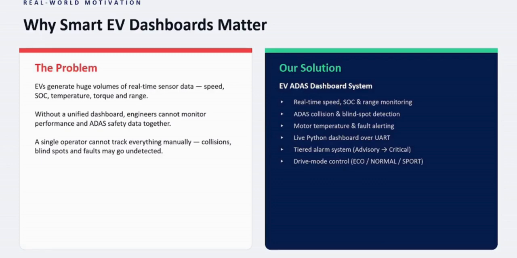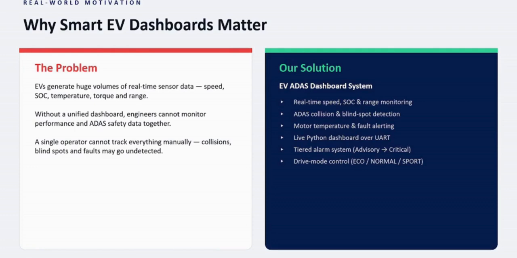To solve this problem, I developed a unified EV ADAS dashboard. This dashboard collects all vehicle information into a single interface. It displays speed, battery percentage, remaining range, motor temperature, ADAS collision warnings, blind spot detection, and fault errors in real time.